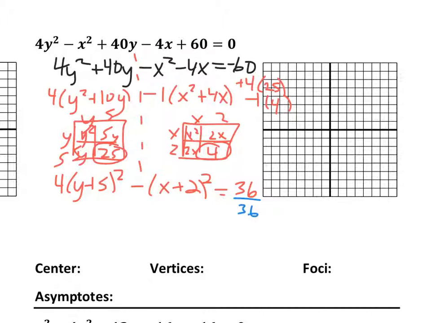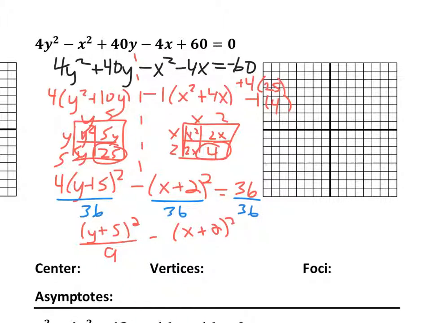And then we divide everything by 36. So y plus 5 squared over 4 goes into 36 9 times. Nothing to do with my x term. And since I wasn't dividing by a negative, there's nothing to be flipping around.